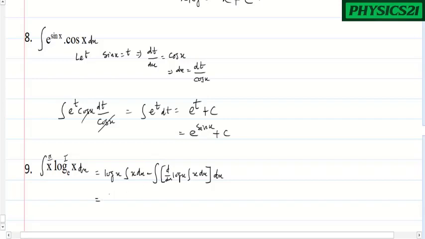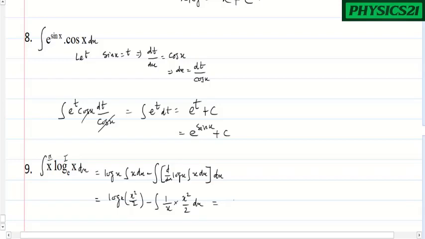Now solve it. So it is log x, integral coefficient of x will be x square by 2, minus integration derivative of log x will be 1 by x, and integral coefficient of x will be x square by 2, dx. Now further solve it.